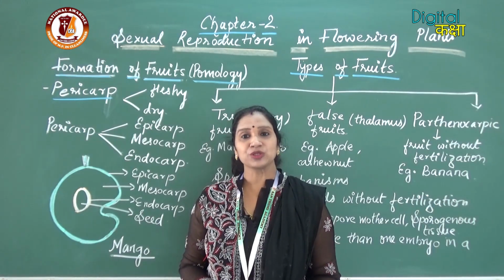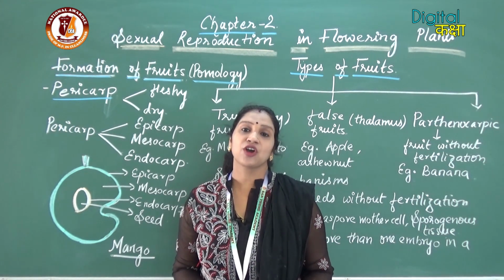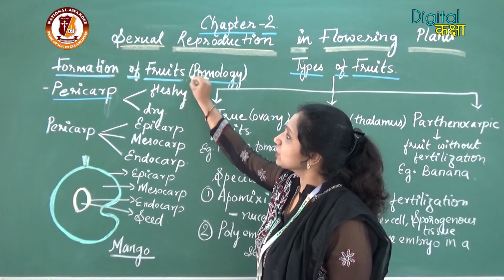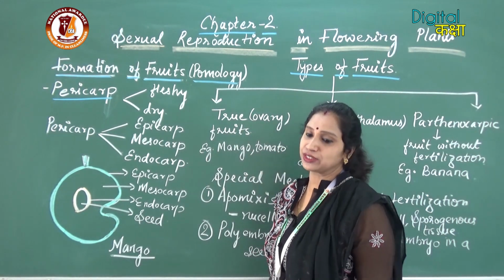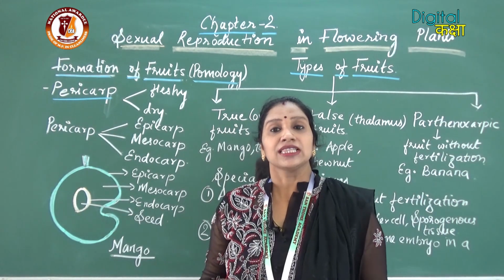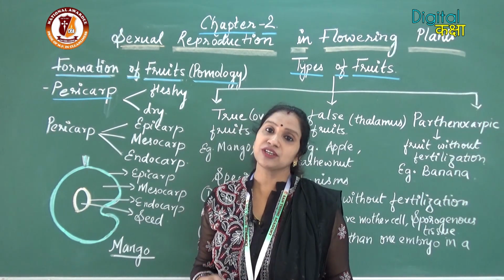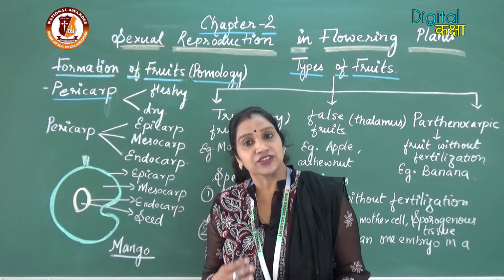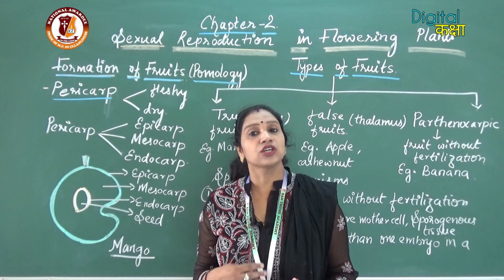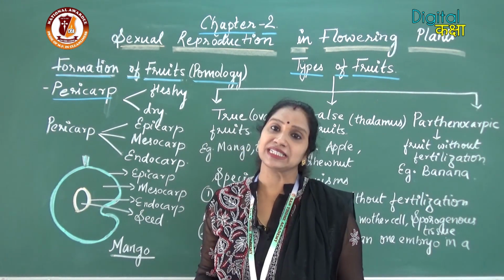Now we have come to the last event of post fertilization, and the last event is formation of fruits. As you know, the ripened ovary forms the fruit. The ovary after fertilization will ripen to form the fruit, and the ovules will form the seeds.